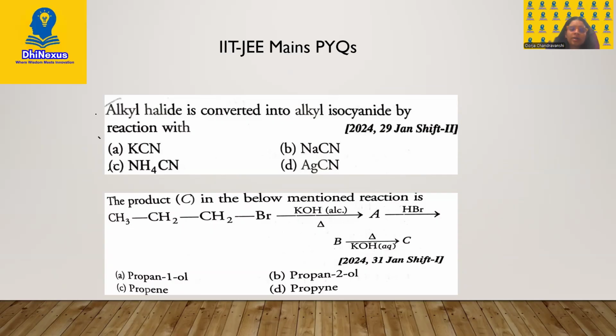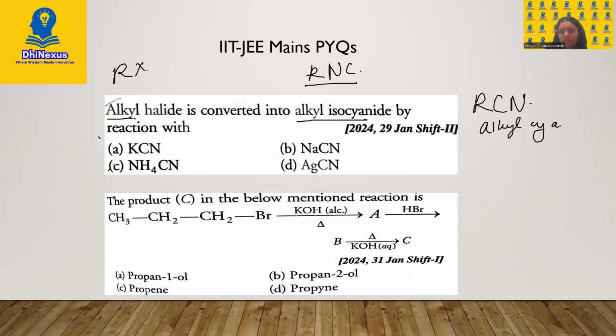Let's have a look at some questions which were also seen in IIT JEE Mains. And these are quite easy. So alkyl halide is converted into alkyl isocyanide. What is alkyl halide? RX. What is it converted into? RNC. RCN is alkyl cyanide, but isocyanide is when I just shift the atoms.